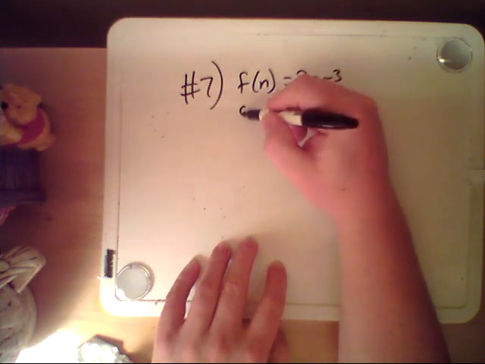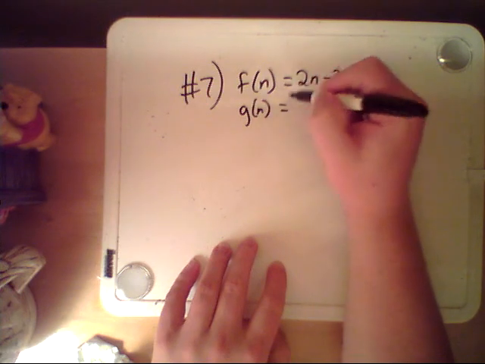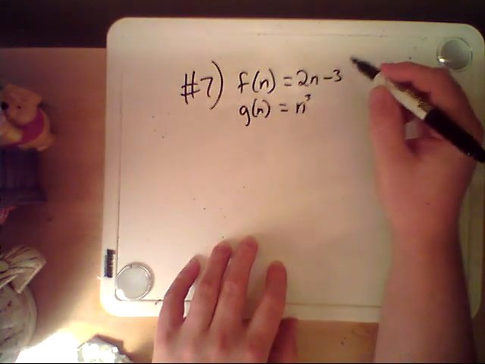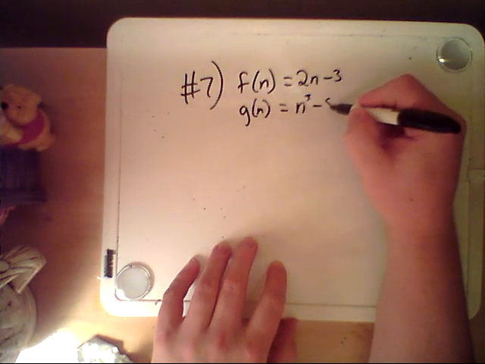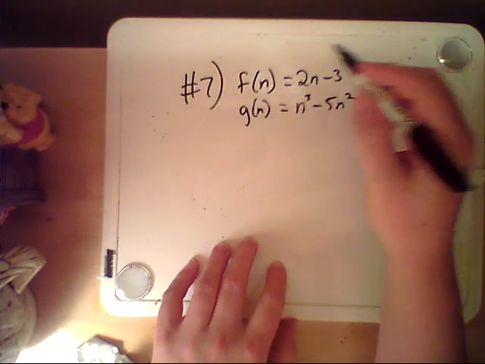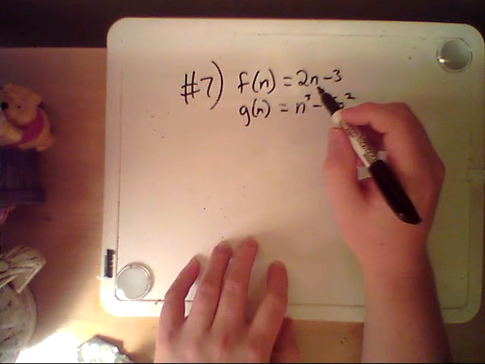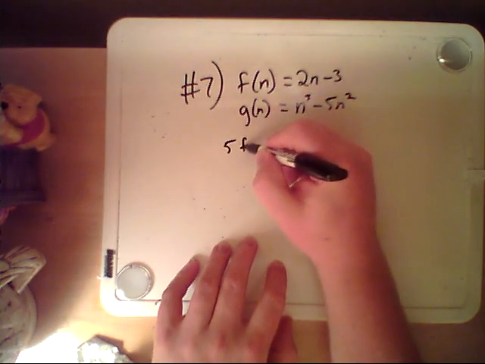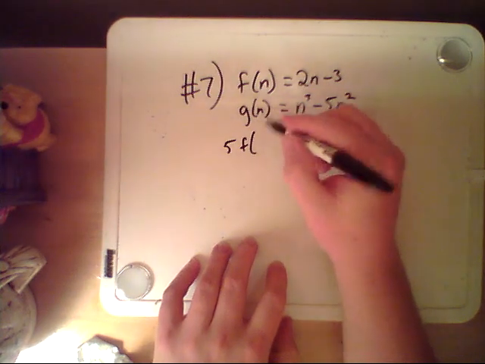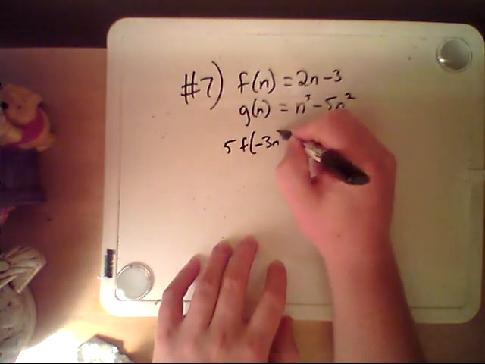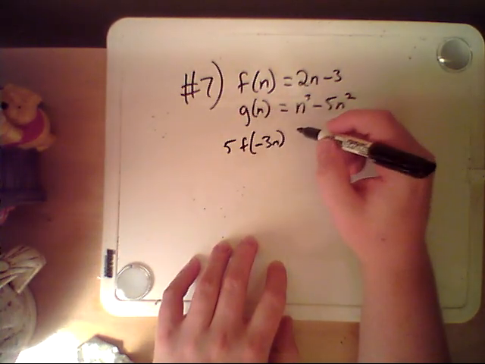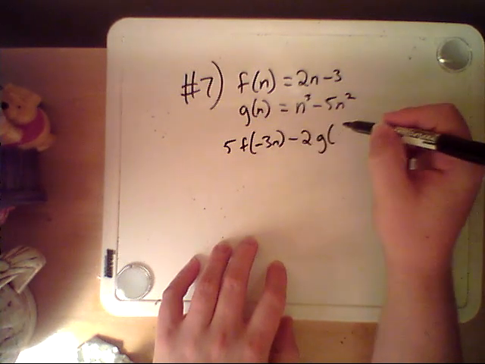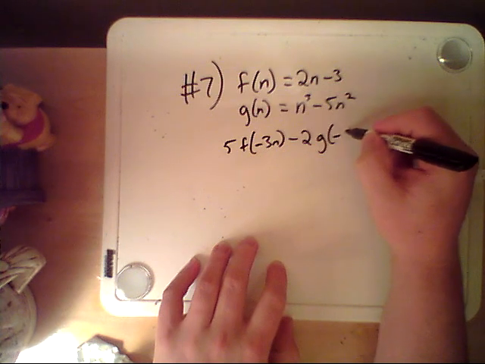And g of n is defined as n to the third minus 5n squared. We're asked to find 5 times f of negative 3n minus 2 times g of negative 3n.